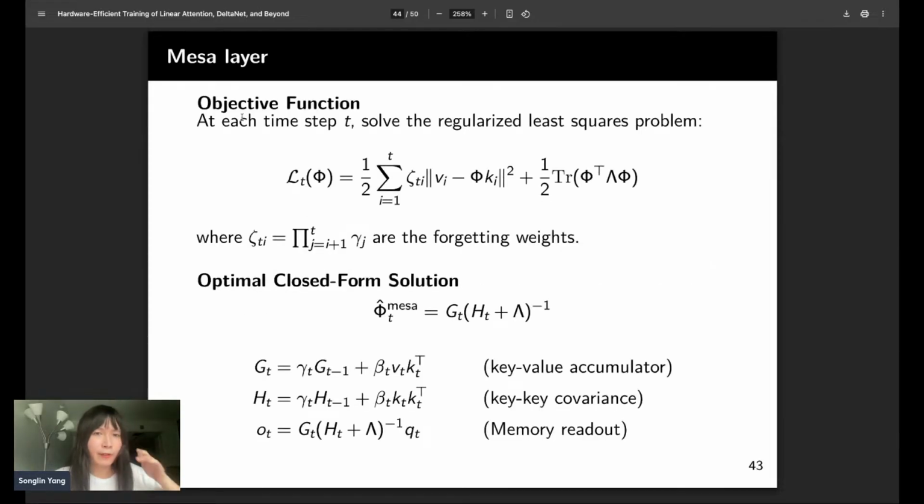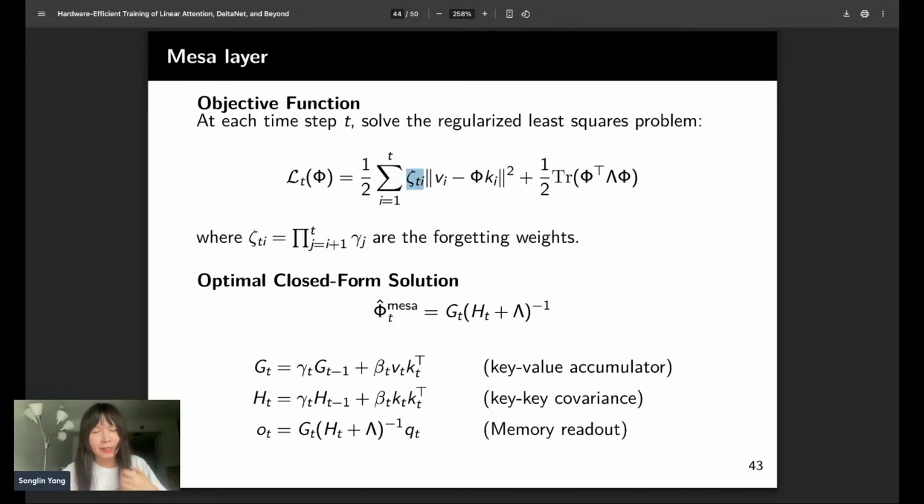So here we have the objective function. For time step t, the objective considers the entire history from the very beginning of the sequence up to the current time step. We also have the forgetting weight to weight more on the recent past.